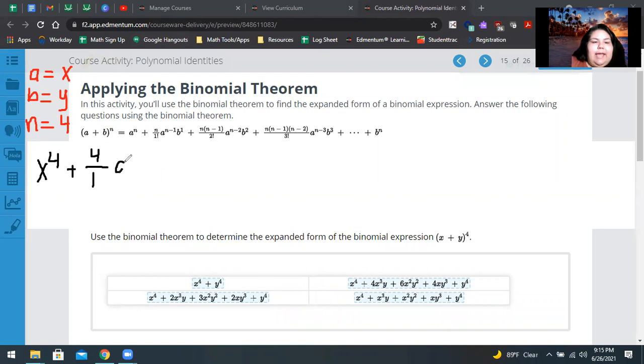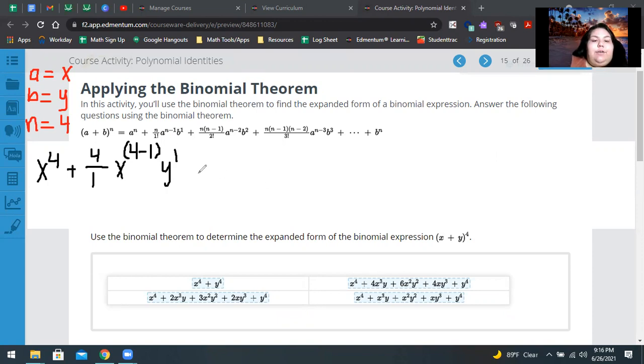Then this is going to be A to the N minus 1, so 4 minus 1. Oops, I accidentally just wrote A. We know A is x, so this is x to the 4 minus 1 power. And then this is B, which is y to the 1 power. I am only filling it in. All we have to do is simplify.